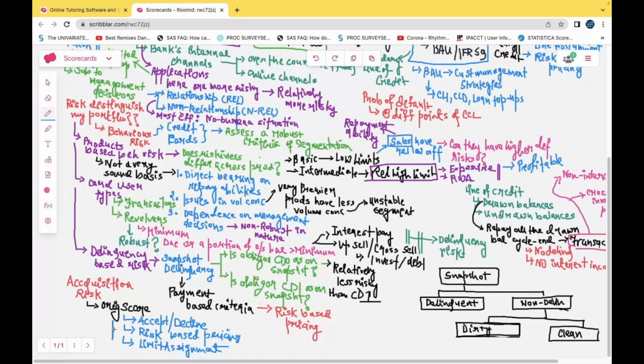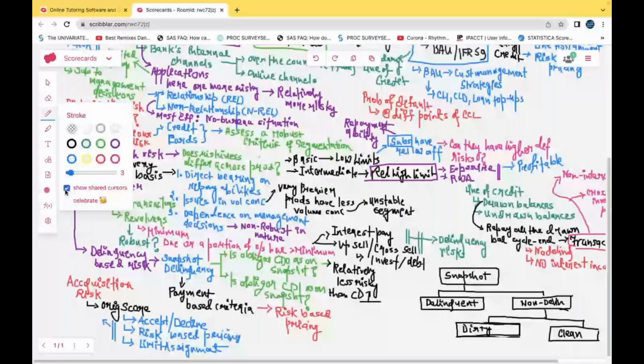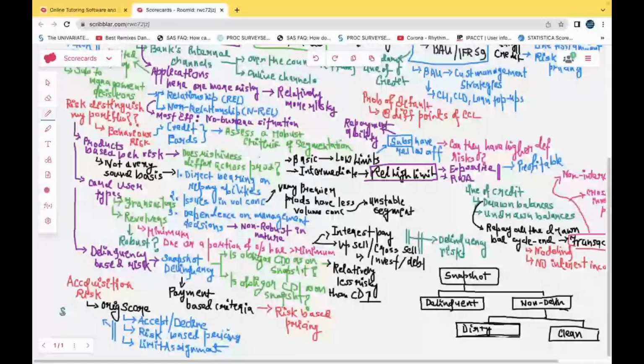The business impact of the model is assessed using something called a swap set analysis.